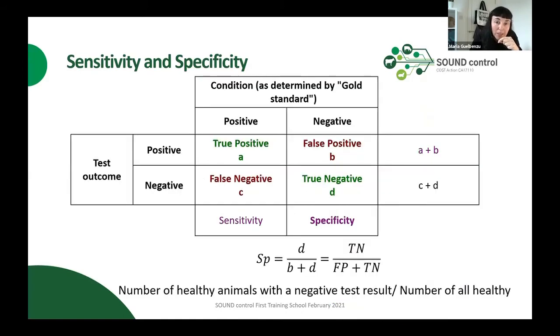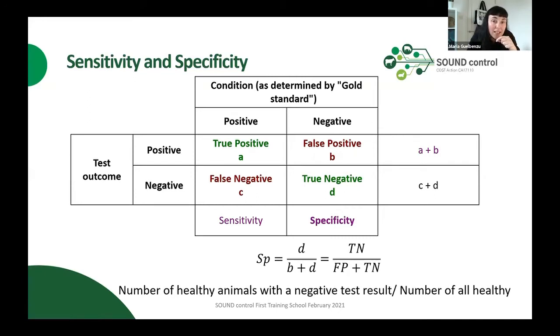And the way we would calculate this is by dividing the number of healthy animals with negative test results, so our true negatives, by the false positives plus the true negatives. Those false positives are the ones that were determined negative by the gold standard, but positive by our test.